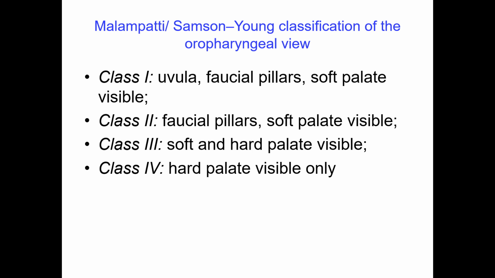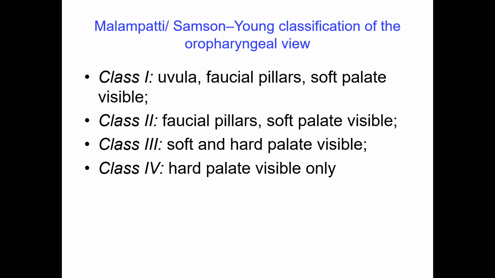Class 2, we cannot see the tip of the uvula. We can see the uvula, but not the tip. We can only see the base of the uvula, faucial pillars, soft palate, and hard palate. So this is class 2, where intubation is also possible with some manipulation. Class 3, when we cannot see the uvula at all, we just see the soft palate and the hard palate, and this is difficult intubation.